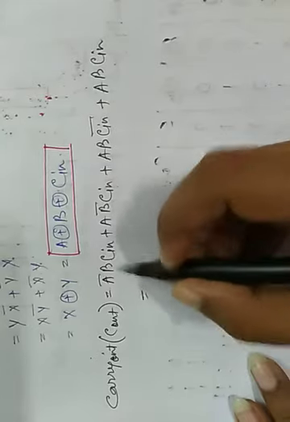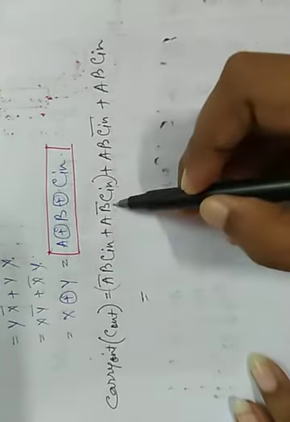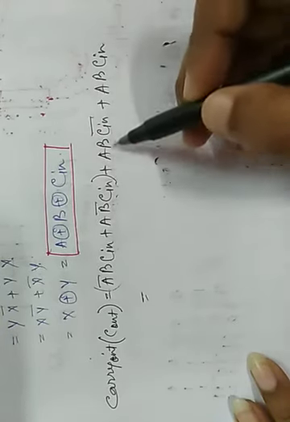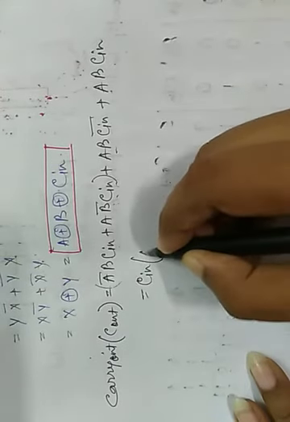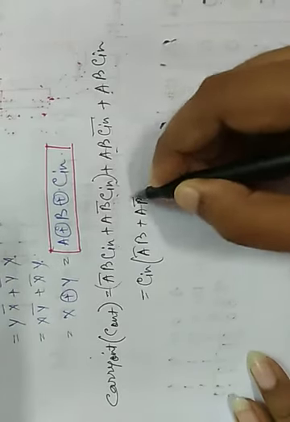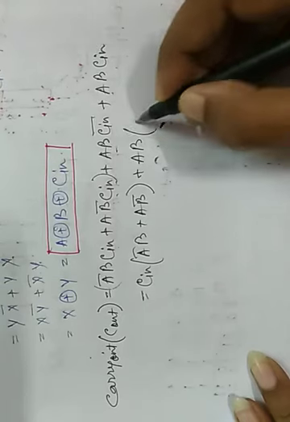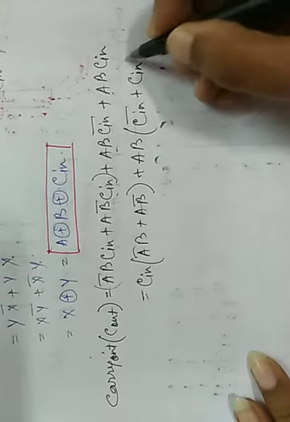Now from this carry out expression, from these two terms we can take C in common, and from these two terms we can take AB common. By taking C in common, we get A bar B plus A B bar, and here AB (C in bar plus C in).